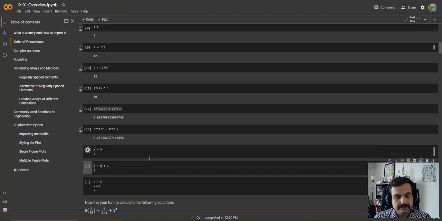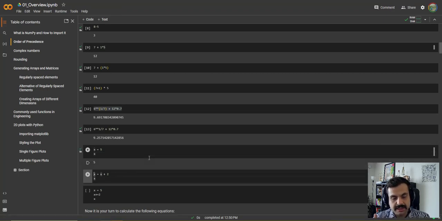Then we have, we know how to assign variables. Here I'm assigning x, and I do want to emphasize that this is an assign operation, not equal. Since it is an assign and it is addressed to a location in memory, we can use the same variable name to change its own value. So what I'm doing is x is initiated to 5.